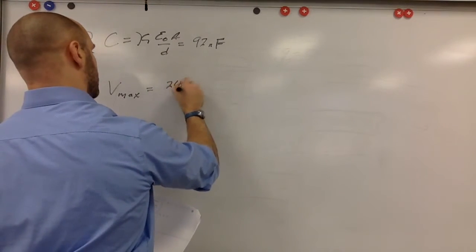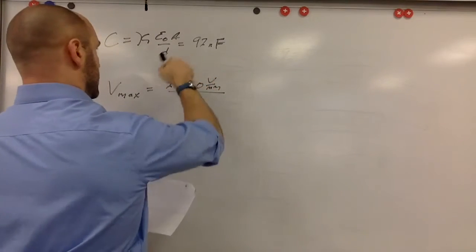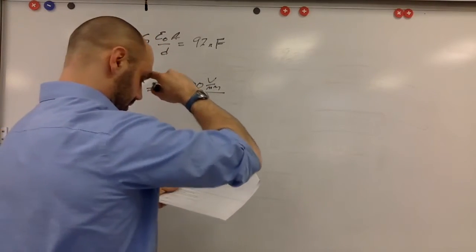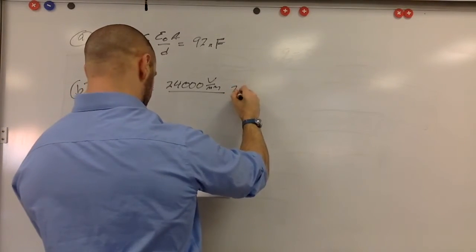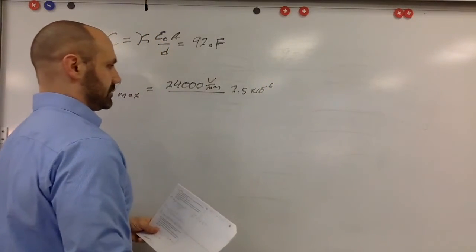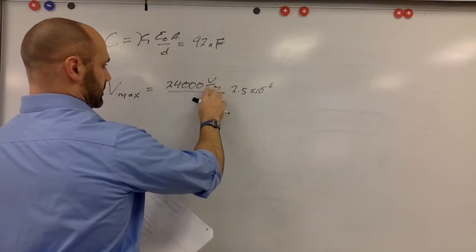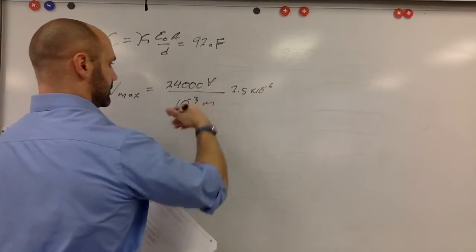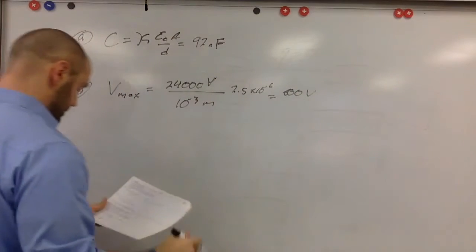So you multiply it by 2.5 times 10 to the negative 6 meters, and if it's meters, so let's say volts per 10 to the negative 3 meters. I think this works out to be about 600 volts.